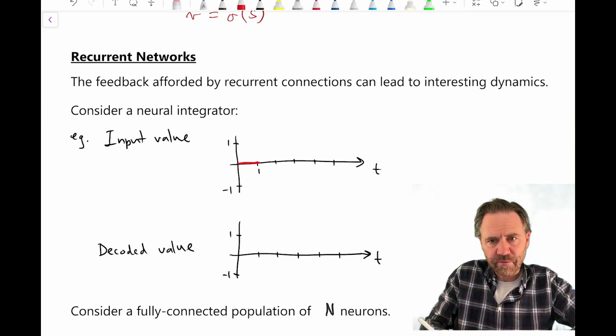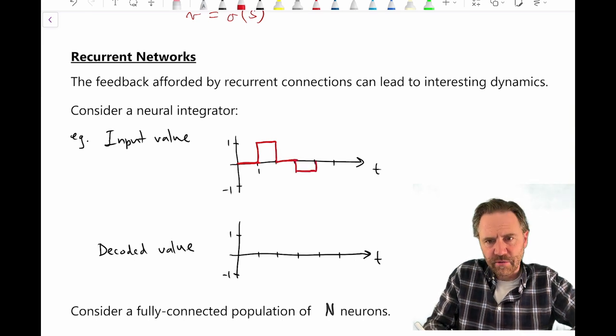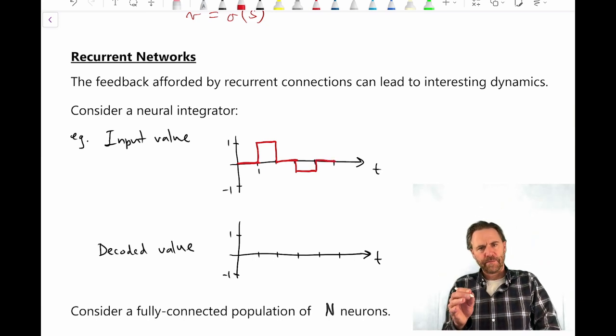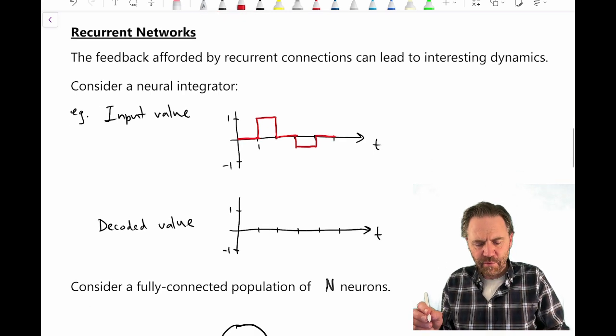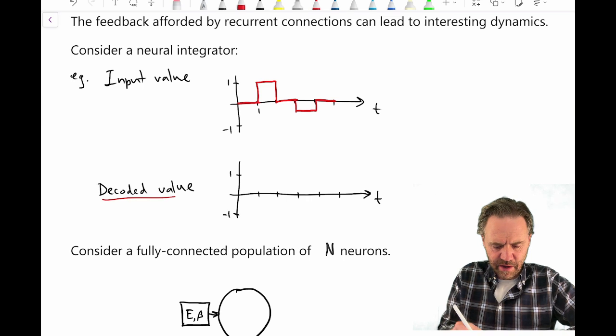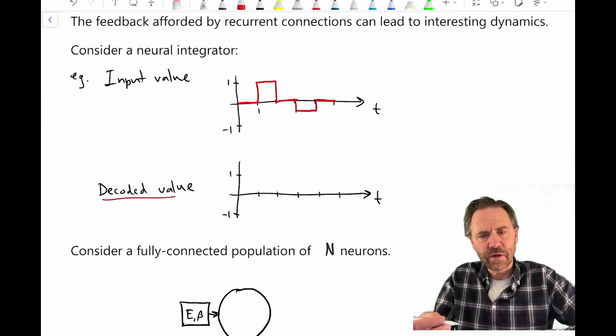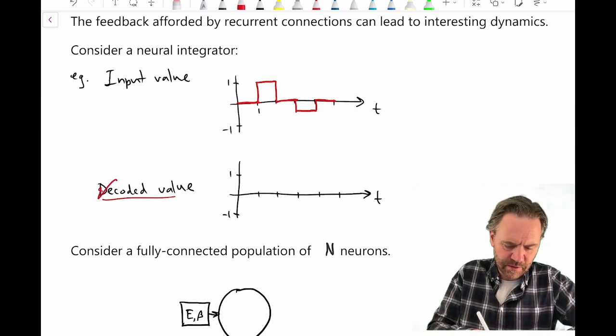It's going to be 0 for the first second, then 1, then 0 for a while, then minus 0.5, and then 0 again. That's the input. I know it says decoded value, but the idea is to decode the integral from a population.